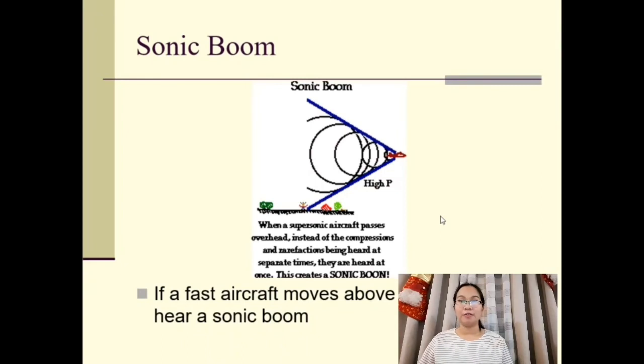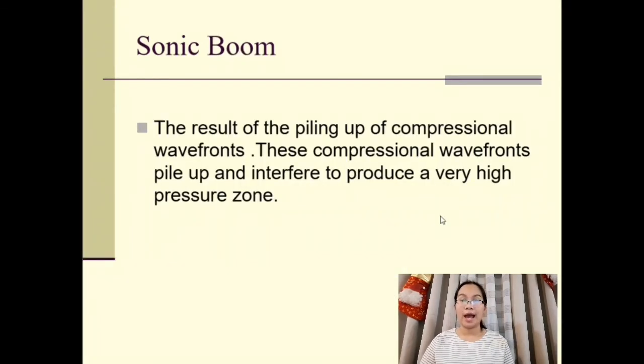Now, if a fast aircraft moves above you and there's a shock wave, you will hear a sonic boom because of the high pressure when the waves are piling up, because of the faster velocity of the source compared to the velocity of the sound.